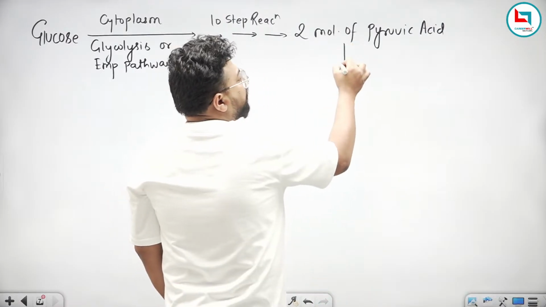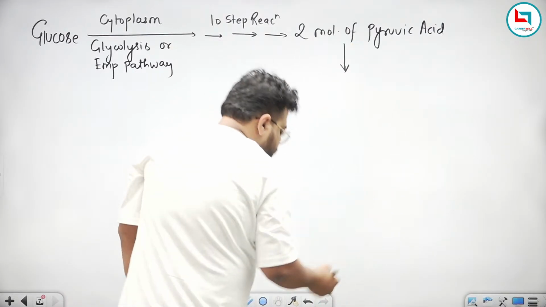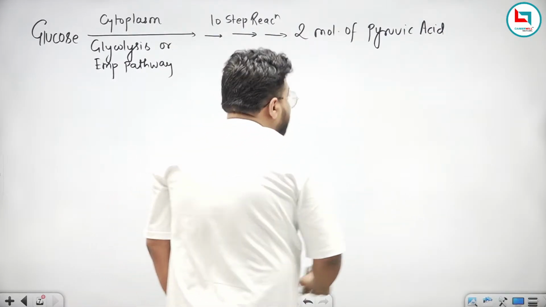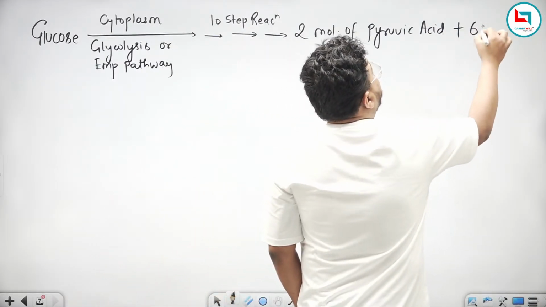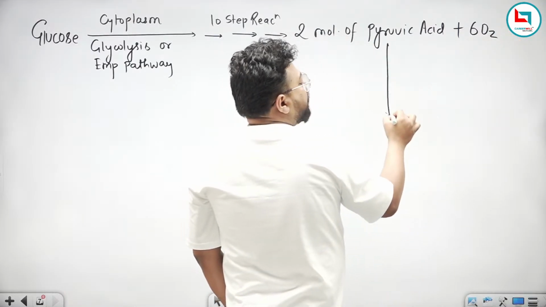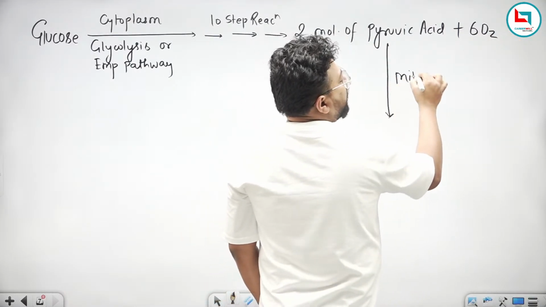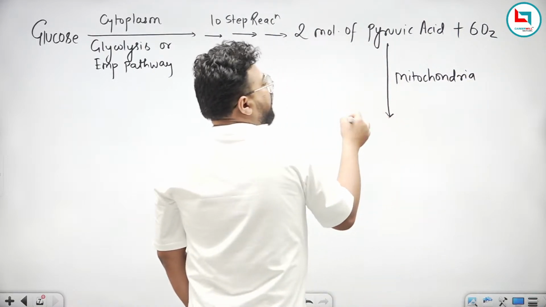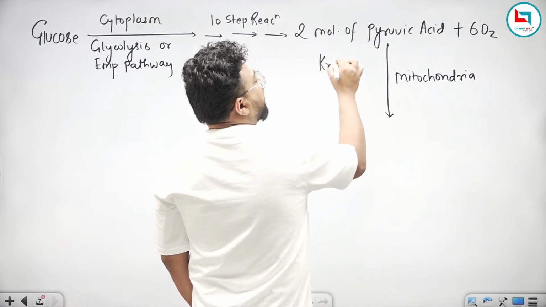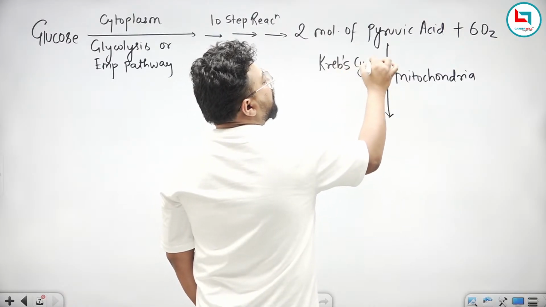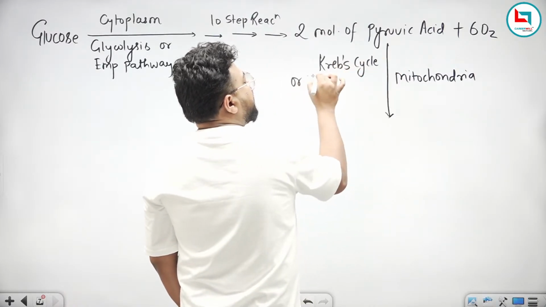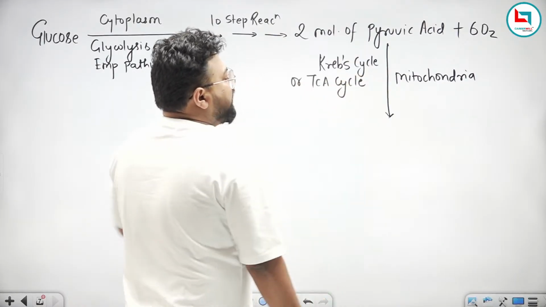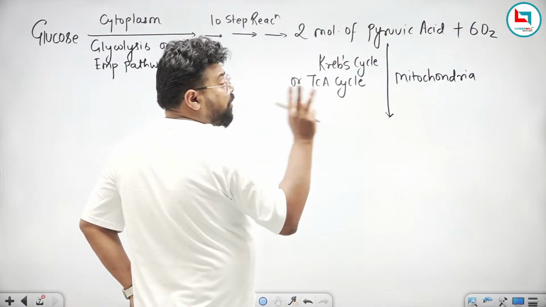These two molecules of pyruvic acid combine with 6 oxygen and enter into mitochondria, into a cycle known as Krebs cycle, also known as TCA cycle, because the first stable compound of this cycle contains carboxylic groups, 3 carboxylic groups.